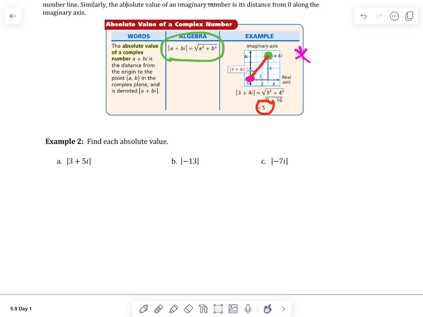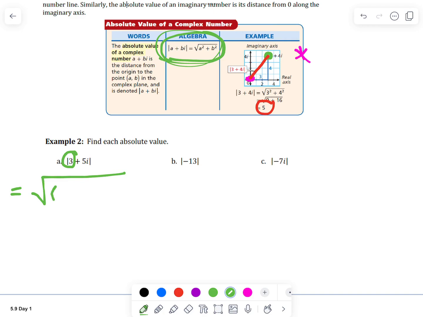So example 2 says find each absolute value. So we're going to be going ahead and using the green equation that I circled up here. So what we do is we identify the a value, which is 3, and we square it. We identify the b value, which is 5, and we square it.